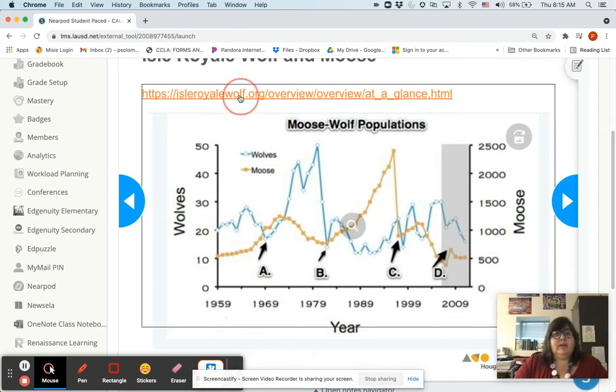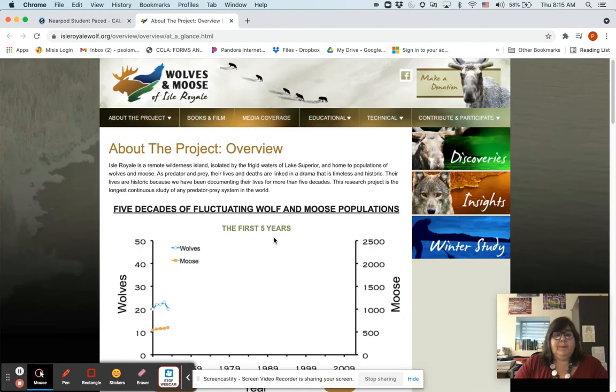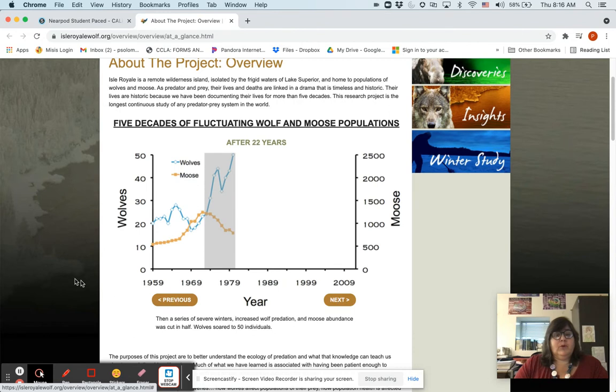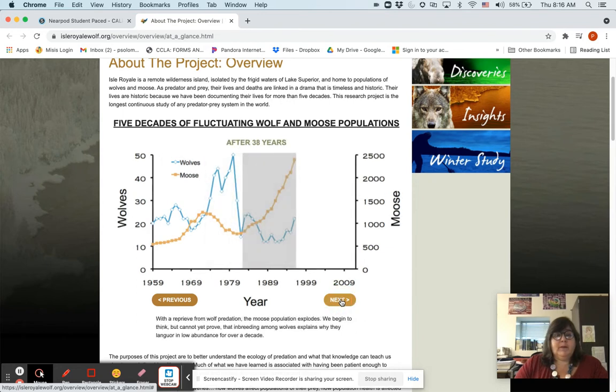You should click on this little link here, and then you can see how the population changed with the wolf and the moose by clicking next, or I think it will just go if you leave it long enough. You can see in different periods of time how the wolf and the moose population changed.